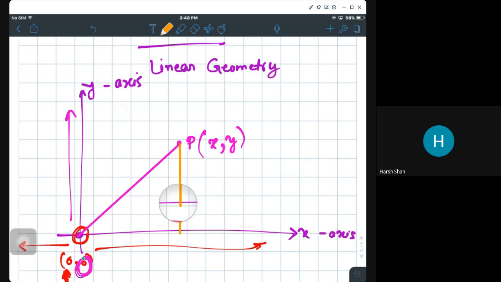So I drop a perpendicular to the x-axis. So what I have is x comma 0, correct? How many of you agree with this point? I hope you all agree.